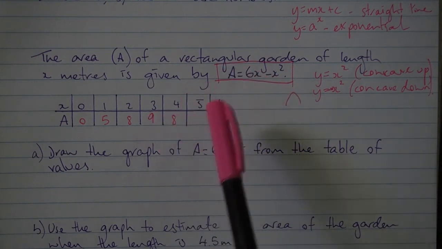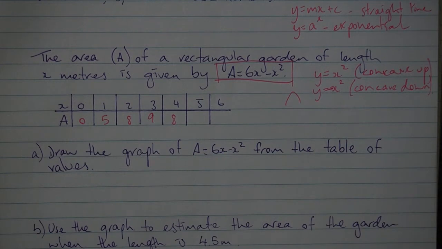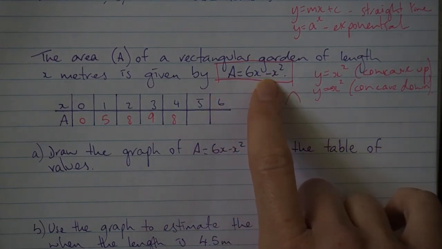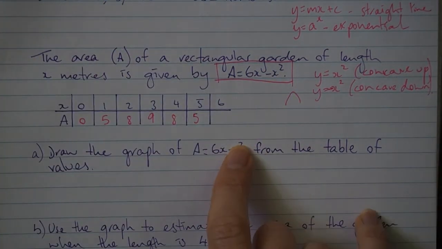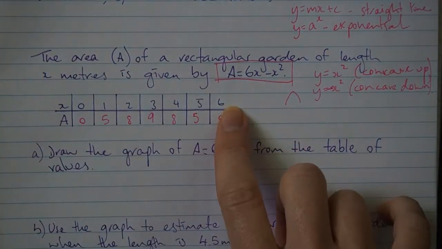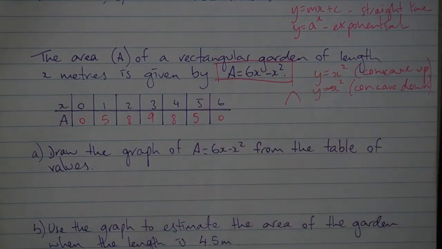So we'll put 5 into our equation, but I bet you anything that next value is going to be 5, because parabolas are symmetrical. So 6 times 5 is 30, minus 5 squared, which is 25, so 30 minus 25 gives us 5. And hopefully you can trust the process and know that the last is 0. 6 times 6 is 36, minus 6 squared is 36, which gives us 0.